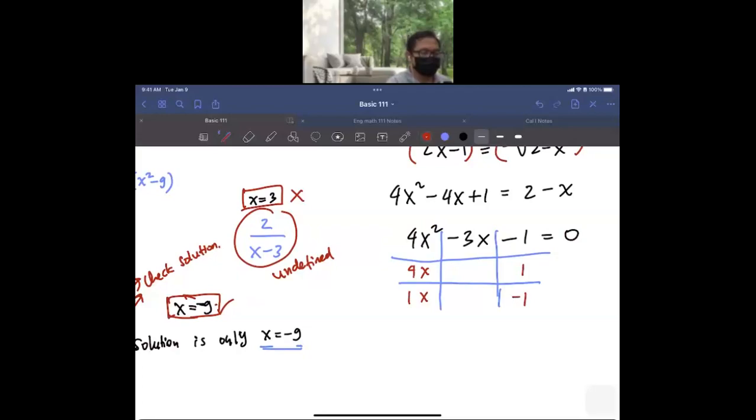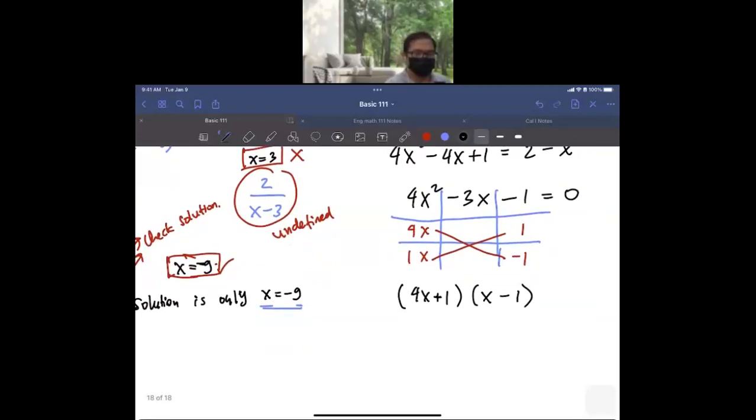This will be negative 1, 1. Okay, it's negative 4 plus 1 is negative 3. Okay, so it's correct. So the factors will be 4x plus 1, sorry, and x minus 1. So x will be negative 1 over 4, and x equal 1.